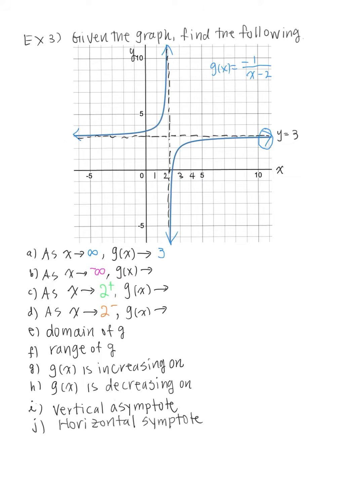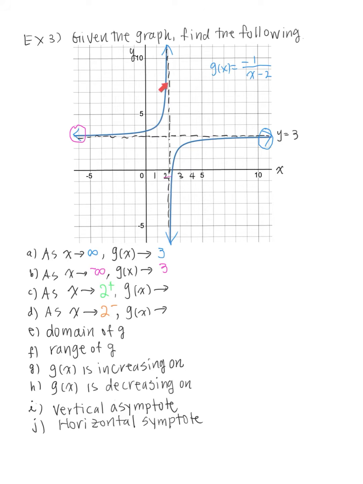So here, as x approaches negative infinity, our graph is going to go towards y equals 3. So our answer is going to be 3, and the tail end that we were just analyzing is this tail end here.